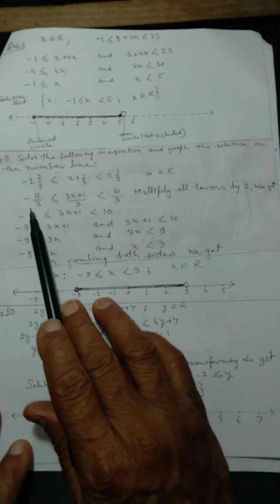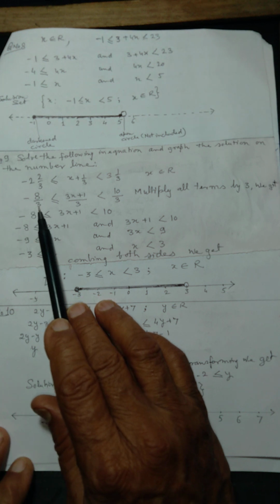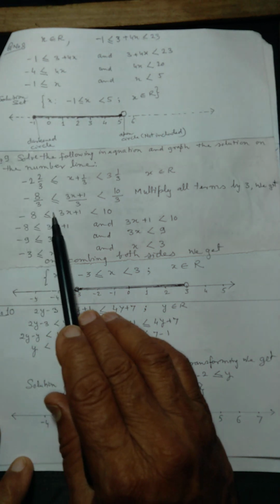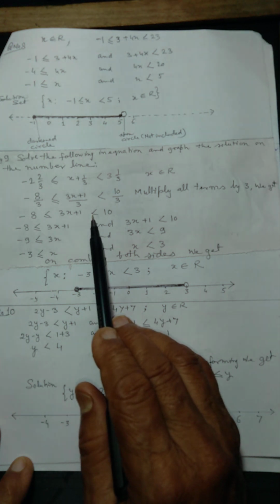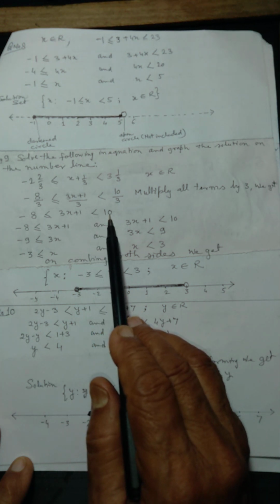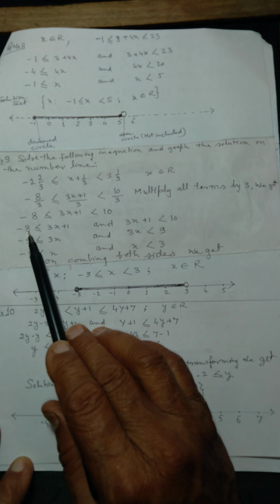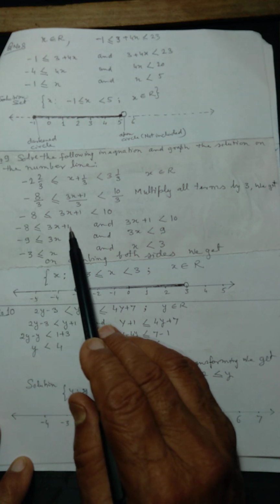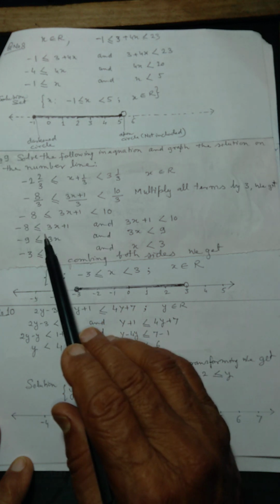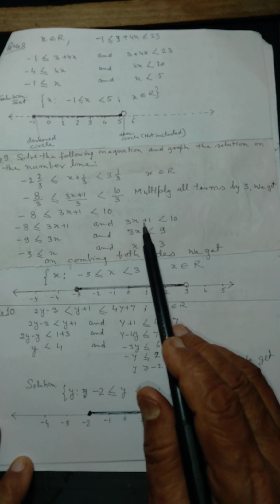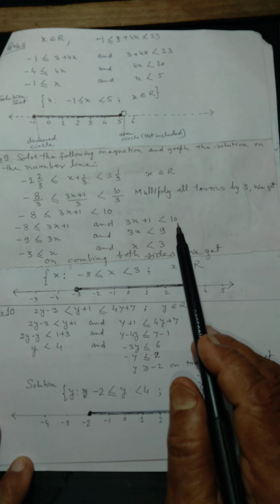You see, when you multiply this side by 3, we will get minus 8 is less than or equal to 3x plus 1, which is less than 10. So minus 8 is less than or equal to 3x plus 1. I have split this inequation in two parts, and in the second part 3x plus 1 is less than 10.